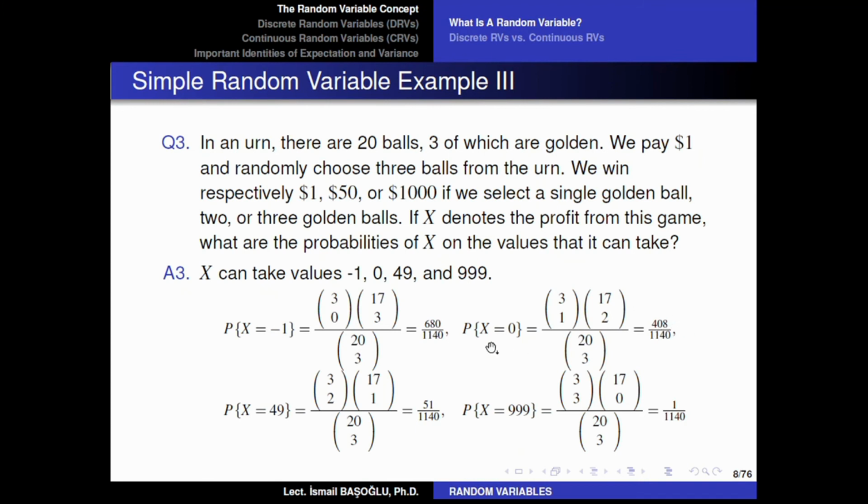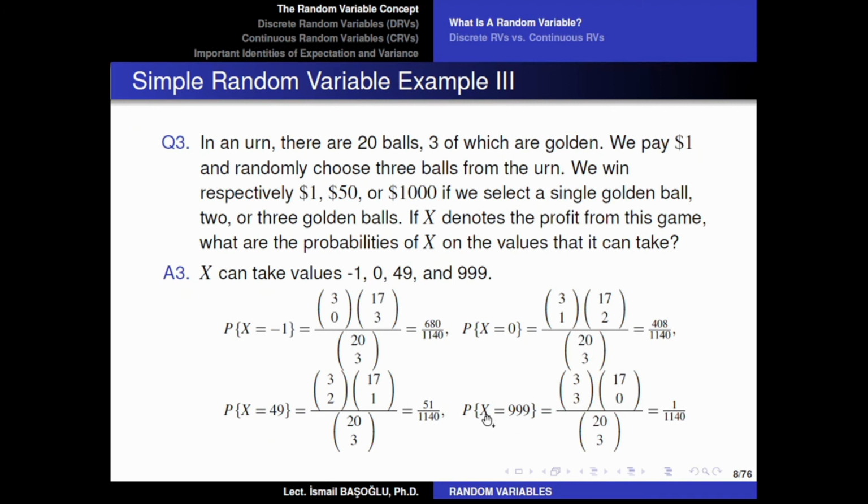Therefore, this value gives you the probability of your profit being equal to 0. The probability of X being equal to 49 is again calculated in the same manner, but this time in the numerator you write 3 choose 2 times 17 choose 1 because you select 2 golden balls. And this ratio gives you the probability of this event, 51 over 1,140.